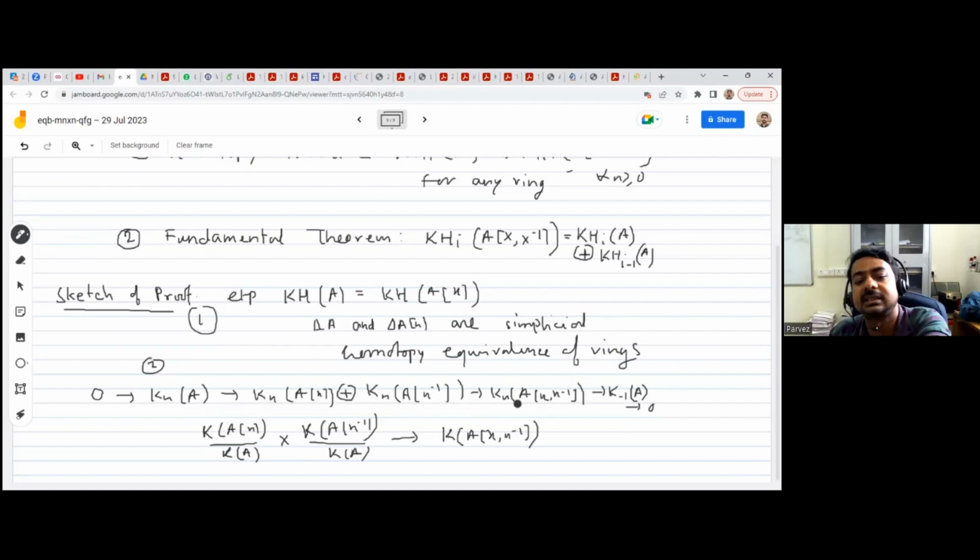Because anything coming from here is going to this. At the spectral level also it happens. And what is this K_{-1}? We will write it as a loop space. K_{-1} will be given by omega inverse of this K. Okay, so this is the homotopy fiber.